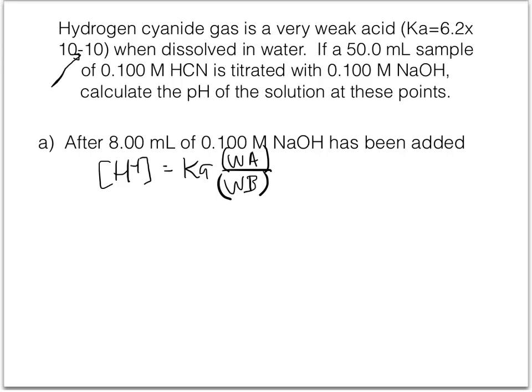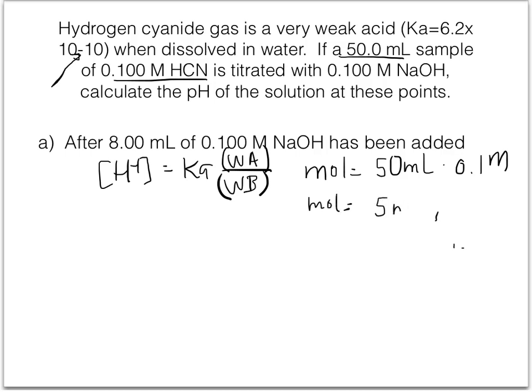Okay, so I'm going to calculate my number of moles of acid. My moles equals the number of milliliters, I'm going to keep it in milliliters, times the molarity, 0.1. So moles is going to equal 5 millimoles acid.